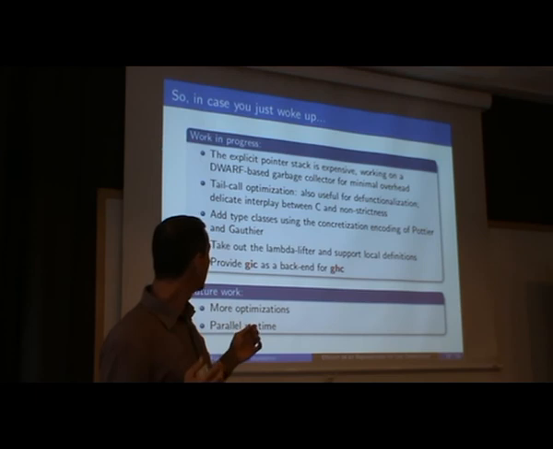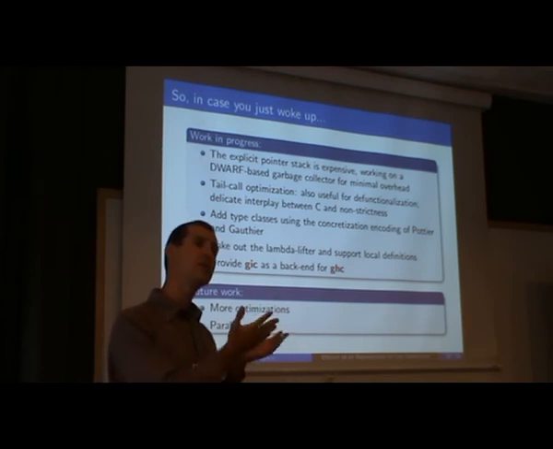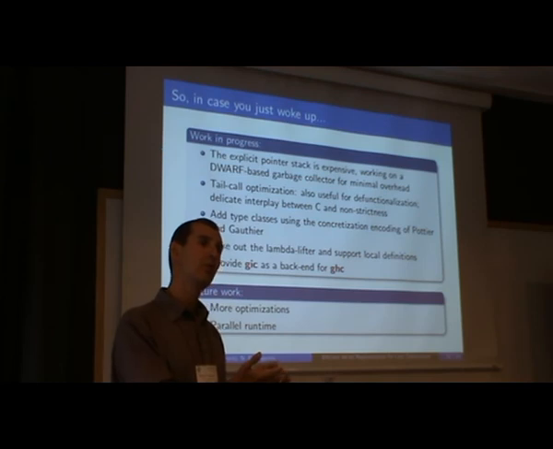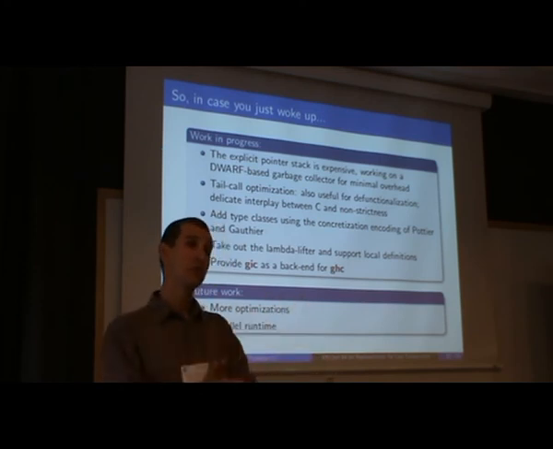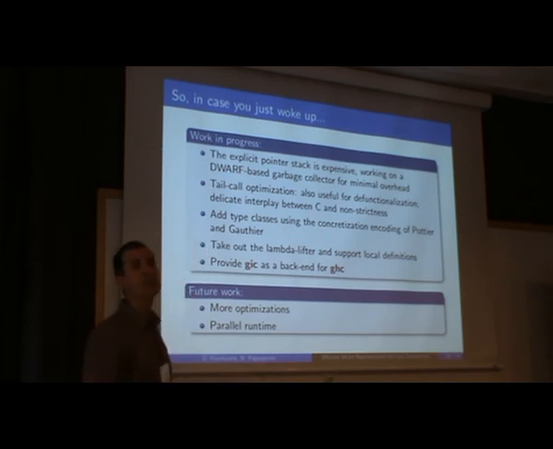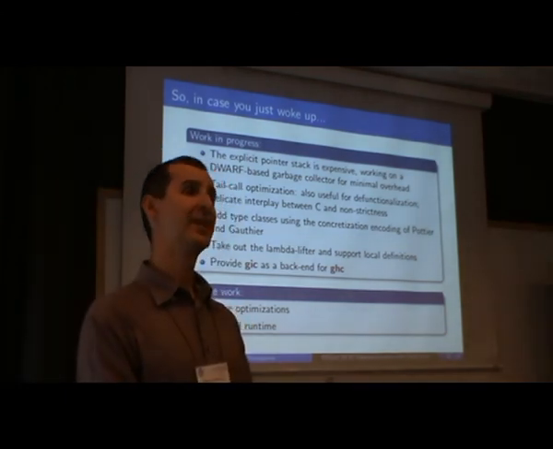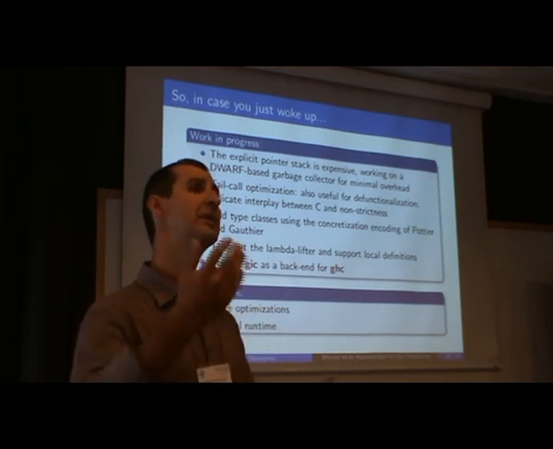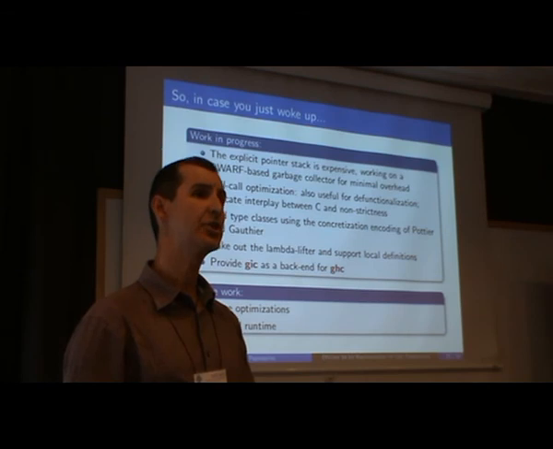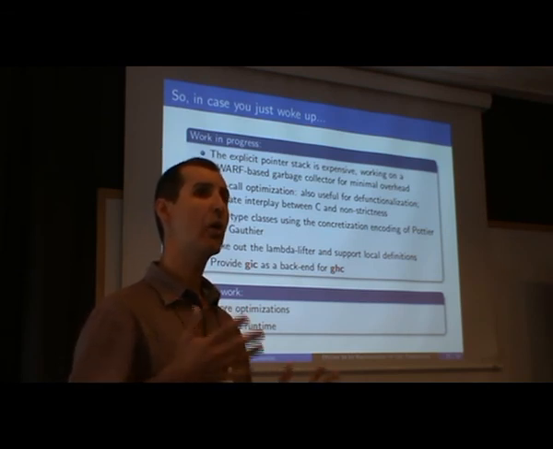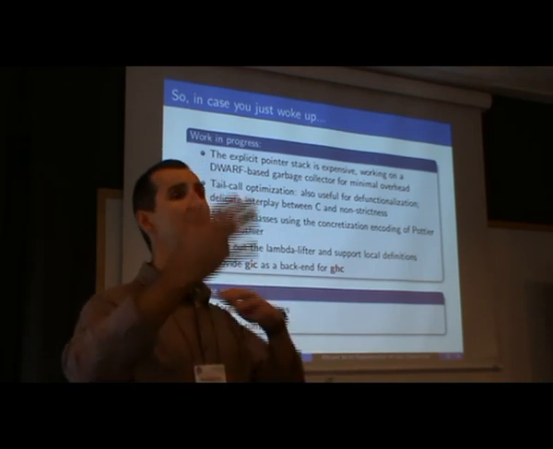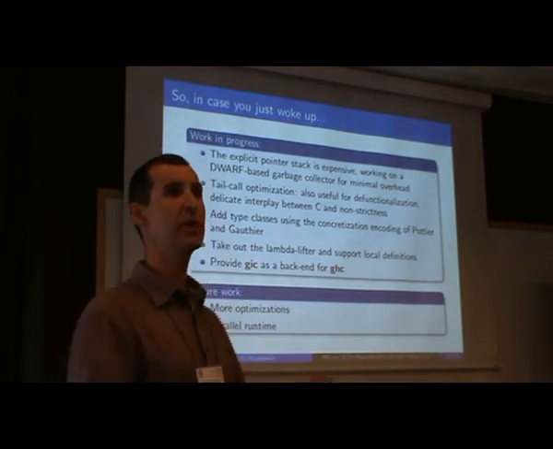On the other hand, GHC core uses local definitions a lot. So when we take this out of the picture, it will be much easier to go from GHC core to GIC, and it will be a prerequisite actually for doing that. So what you want is to take core just after it's been generated by desugaring, and then take over from there. Yeah. If we wait a bit longer, then the transformations that GHC does will end up in code where we will have to undo some of the optimizations because of the lambda lifting.